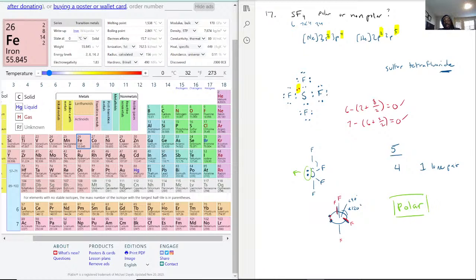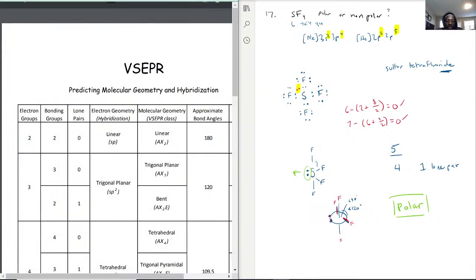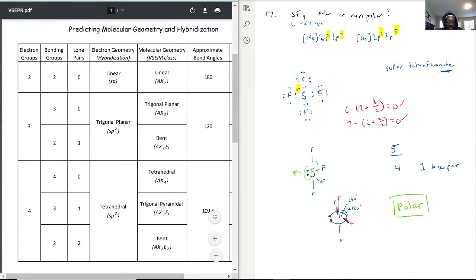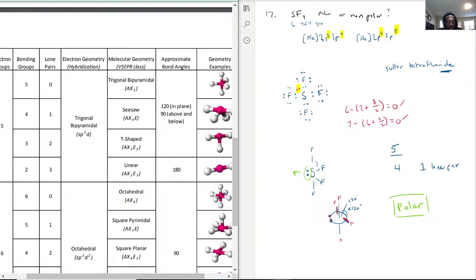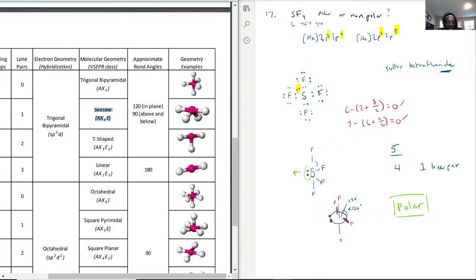Okay, so let's look at that with the actual VSEPR theory. As I mentioned, it was a group of 5, and we scroll down to 5 here: 4 bonding groups and 1 lone pair. So it's trigonal bipyramidal electron geometry, and the shape is known as seesaw.